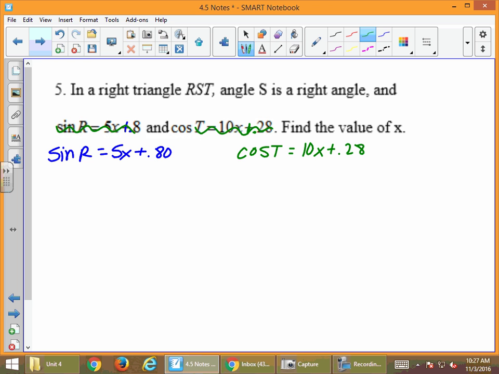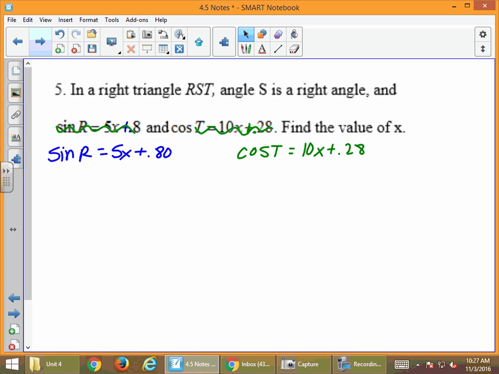Okay. So in a right triangle RST, angle S is a right angle. The sine of R is equal to 5x plus 0.80, and the cosine of t is equal to 10x plus 0.28. Well, we have a right triangle. We know S is the right angle, so we know R and T are the other two angles in your triangle.